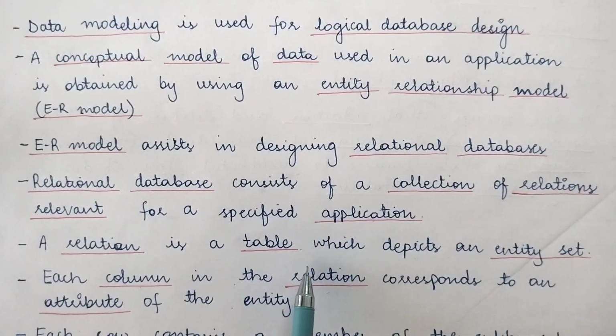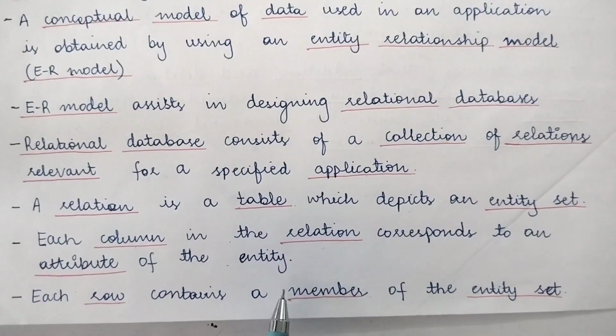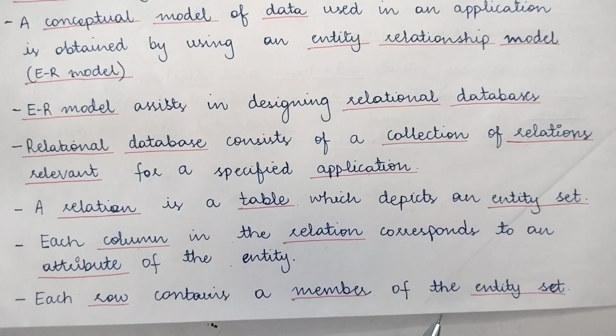Similarly, student name, student course, these are all attributes, and every attribute is represented in a column. That column will have the similar kind of attribute. Then each row contains a member of the entity set.